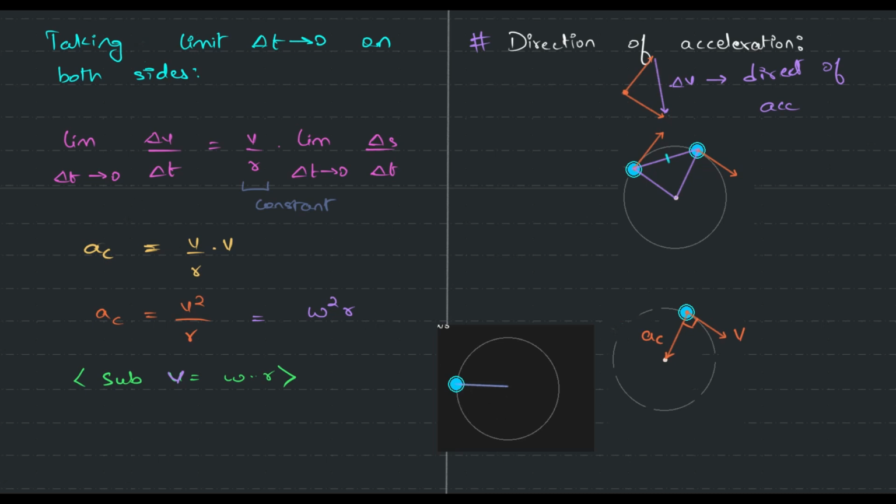That will be the radius, that will be the tangent, and the angle between them is 90 degrees. And that is the direction of your acceleration. So it's always pointing towards the center.